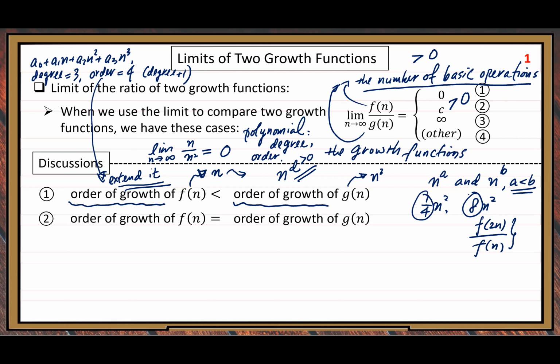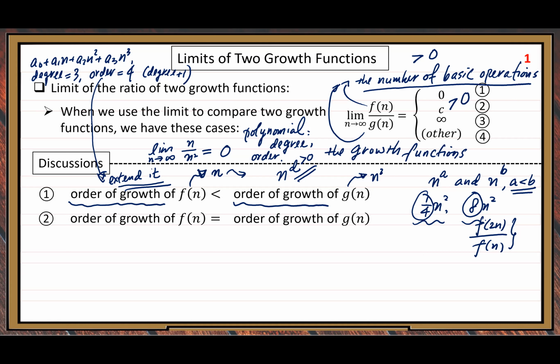In our usual comparison view, the difference between these two functions is so big. But in our algorithm view, if we ignore their constant coefficients, then they belong to the same category, the n squared category.